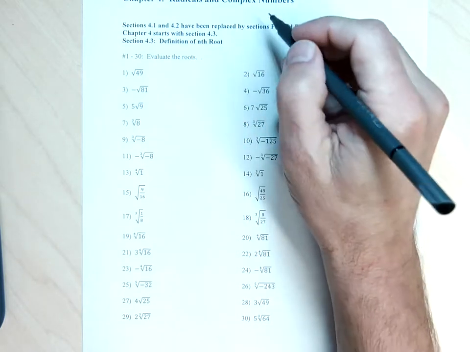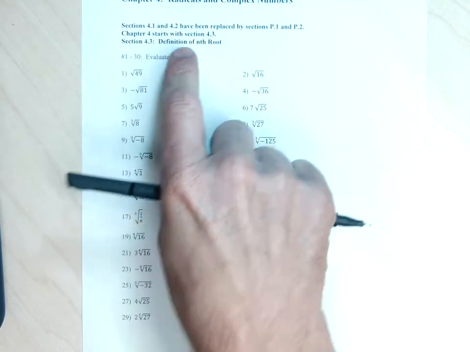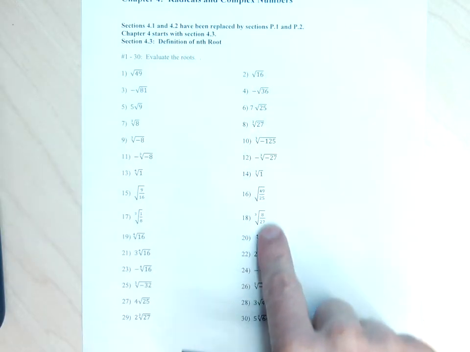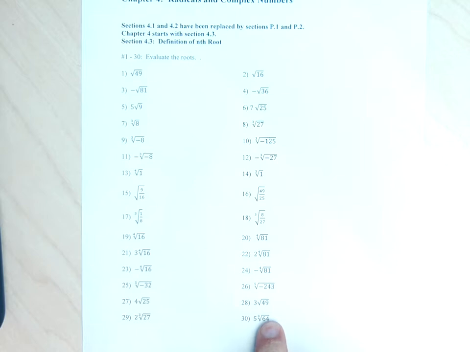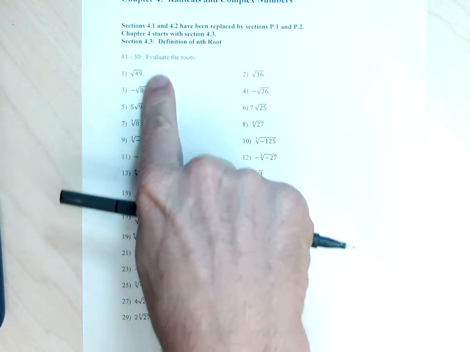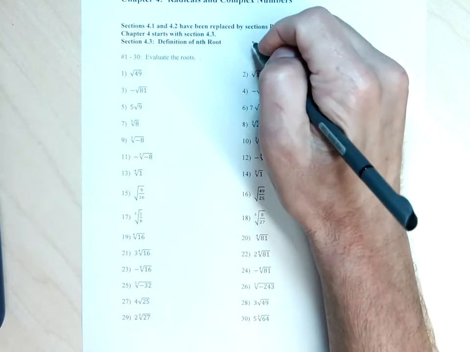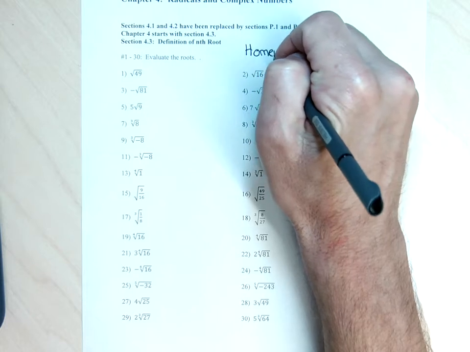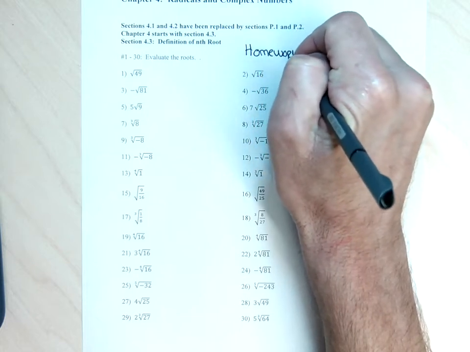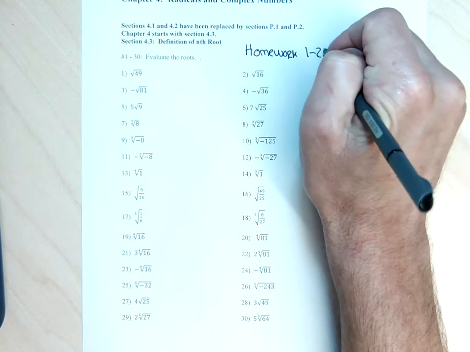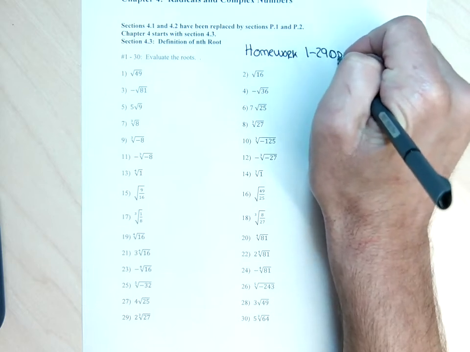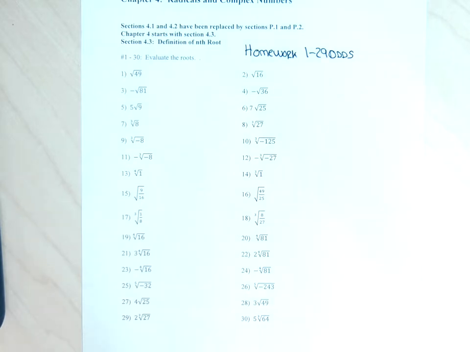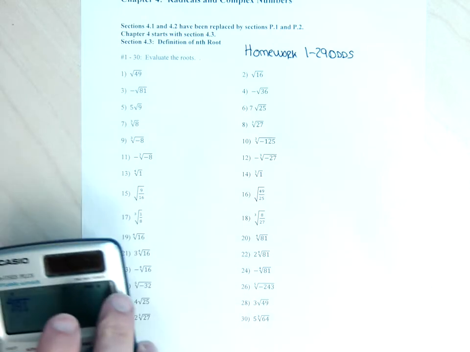So this is the start of the lecture on section 4.3, and I should do all the problems between 2 and 30 that are even. For homework, you should do 1 to 29 odds. And if all you do is press buttons on your calculator because you don't have these facts memorized, completely fine. I'll do them all on my calculator as well as try to talk through them.